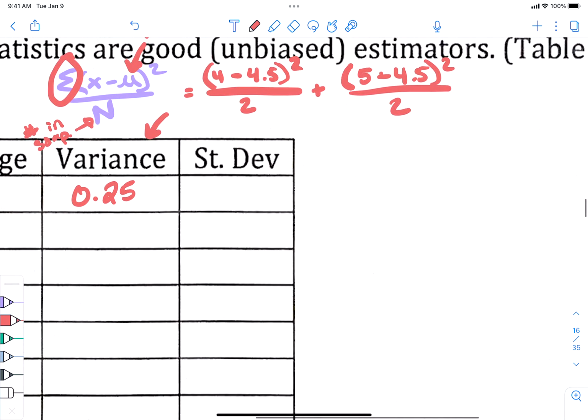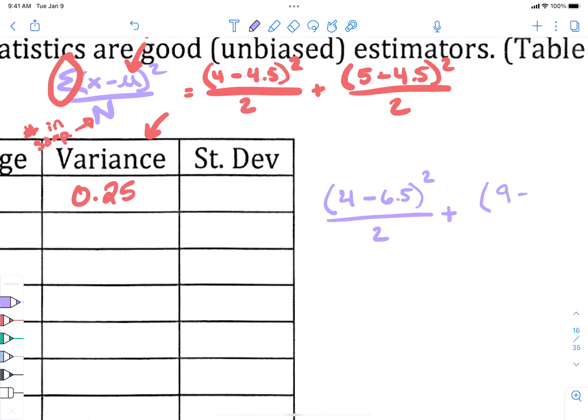The second one, same formula again, kind of. My 2 numbers are, do we do 4 and 9? Okay, so the first one we do 4 minus, but what's the average this time? 6.5 plus 9 minus 6.5 squared all over 2.